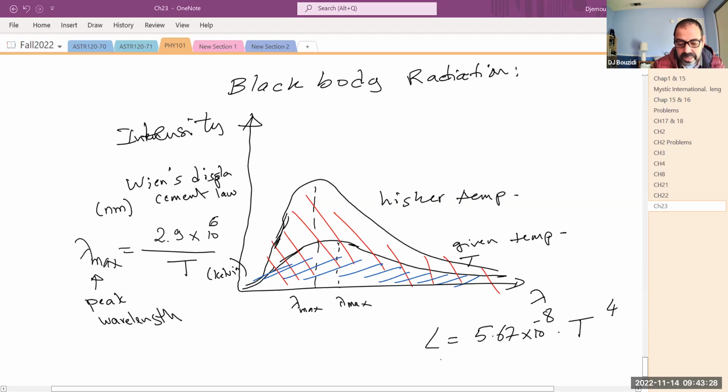That's another law. This is the Stefan-Boltzmann law. Anyway, these observations were well known.